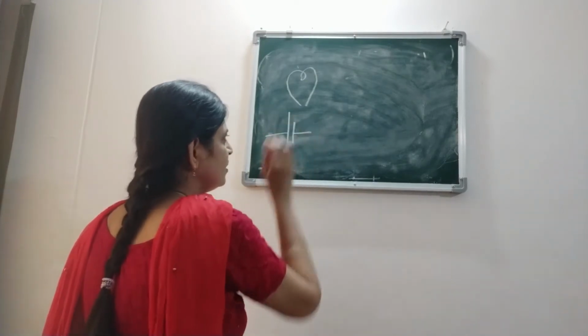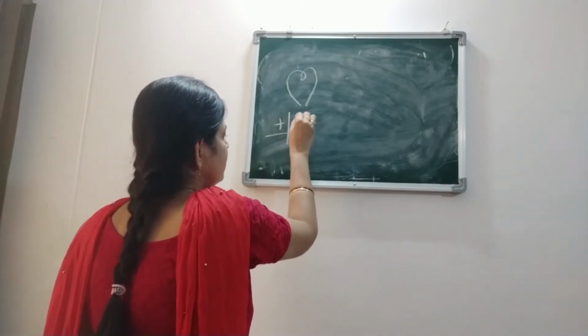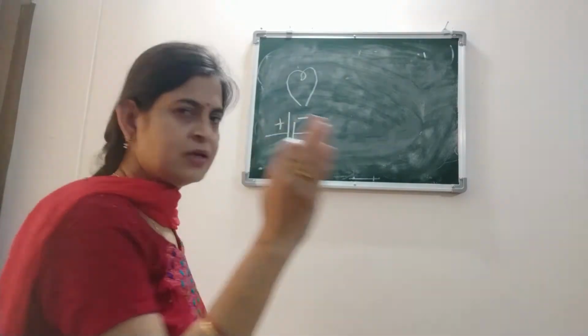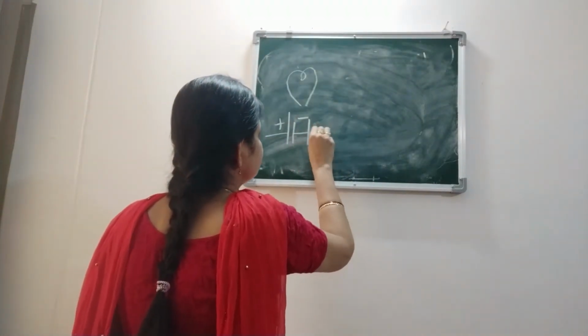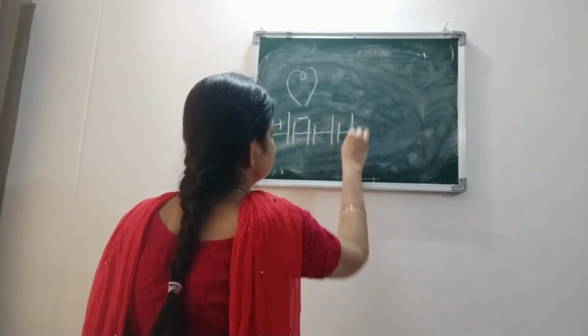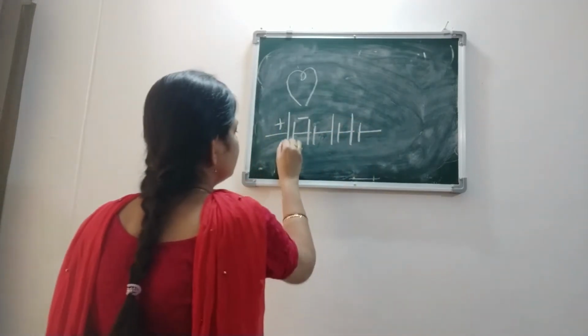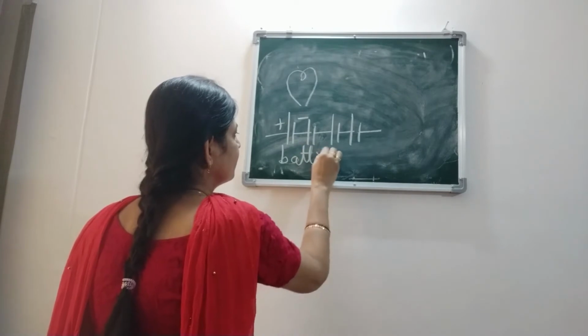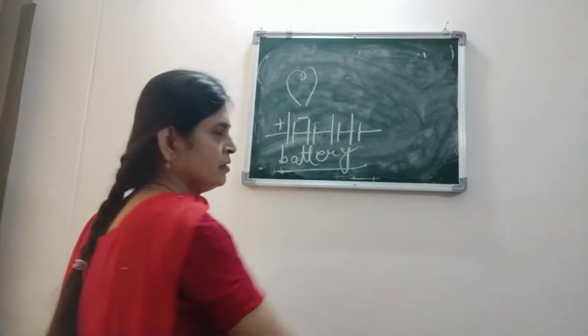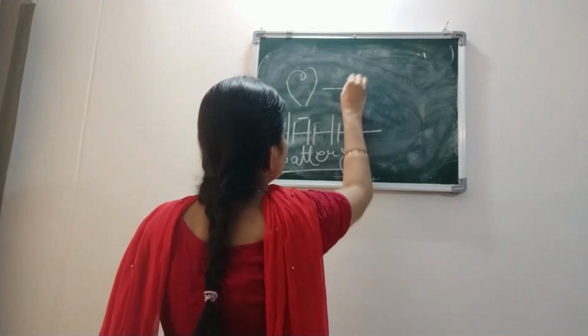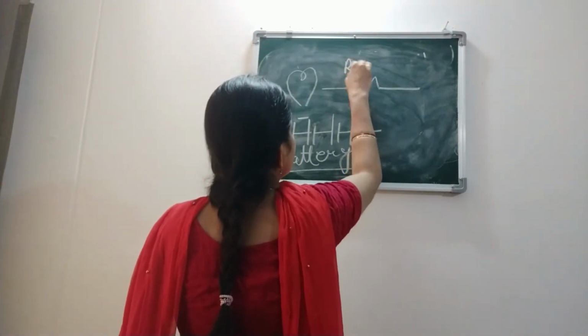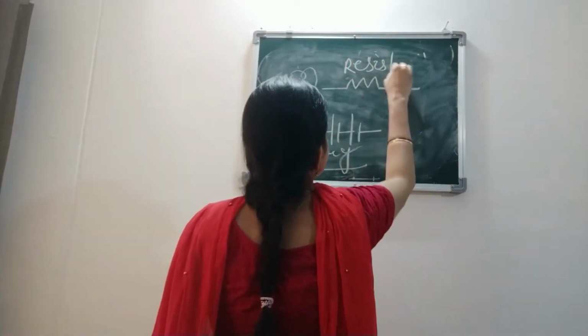These are your connecting wires. One is positive and negative. If we are connecting a number of cells, then this is called a battery. Similarly, this is the symbol for resistance.